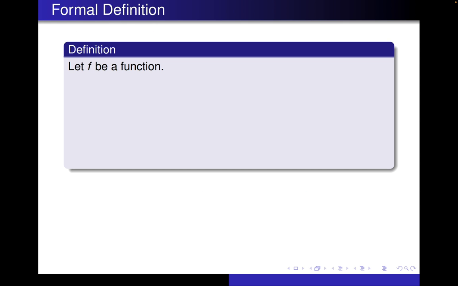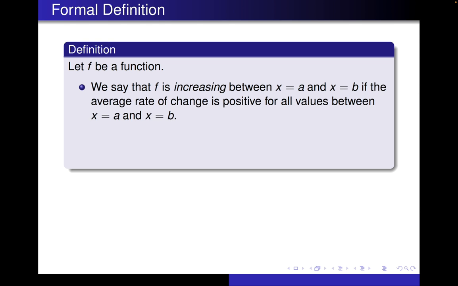So now our formal definition of what it means to be an increasing or decreasing function on an interval. We say that f is increasing between x equals a and x equals b if the average rate of change is positive for all values between x equals a and x equals b. Not just that the average rate of change is positive between x equals a and x equals b, but if I were to happen to choose two random numbers between x equals a and x equals b, the average rate of change will be positive there as well.